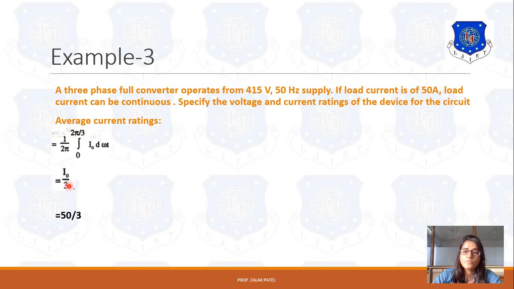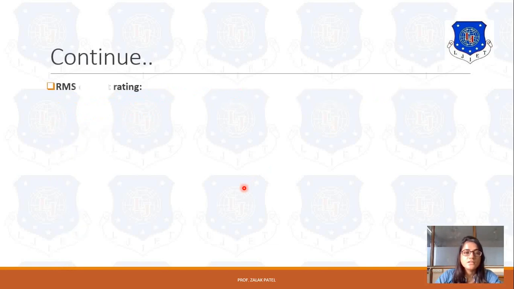Now if we put the value, the load current I0 is given, that is 50 ampere, so 50 upon 3, so the answer is 16.67 ampere for average current rating. Now let's consider another term, that is RMS current rating. RMS is 1/2 pi integral from 0 to 2 pi by 3 of I0 square d omega t, because here the root mean square value should be taken.